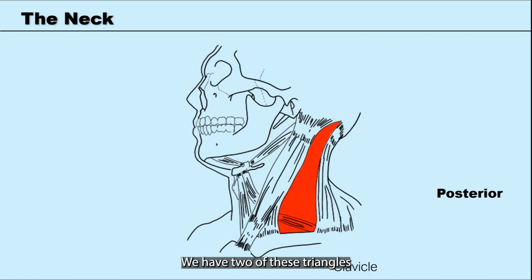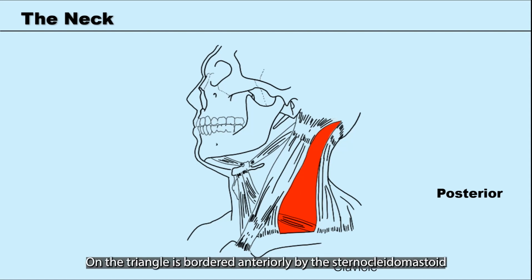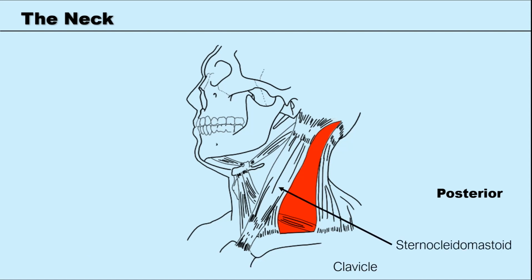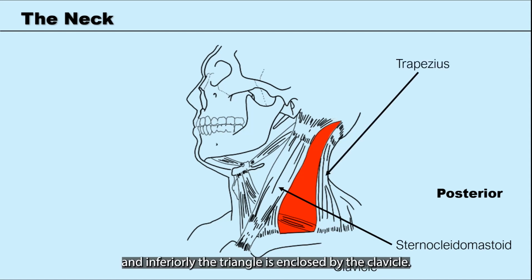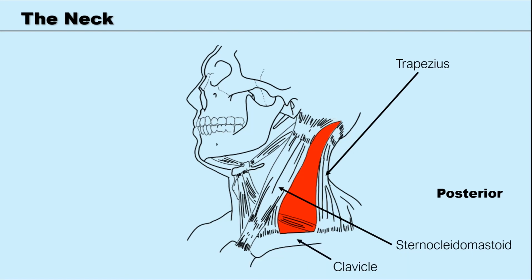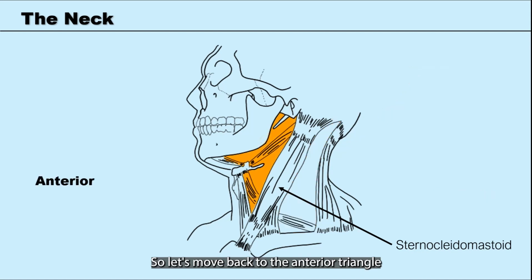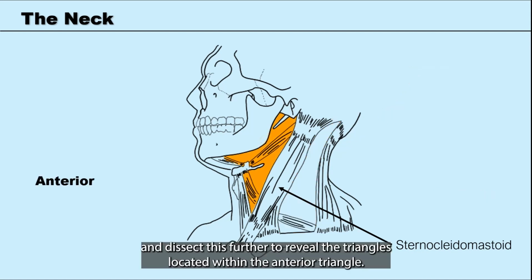We have 2 of these triangles, as they definitely do not meet in the midline. The triangle is bordered anteriorly by the sternocleidomastoid, posteriorly by the trapezius muscle, and inferiorly the triangle is enclosed by the clavicle. So let's move back to the anterior triangle and dissect this further to reveal the triangles located within the anterior triangle.